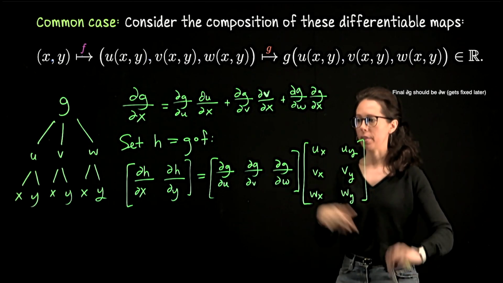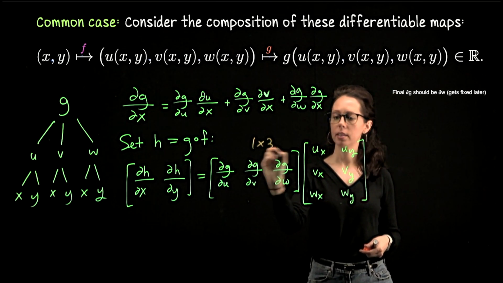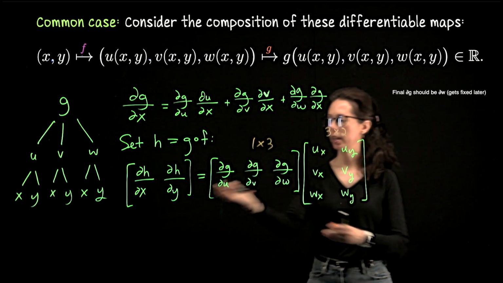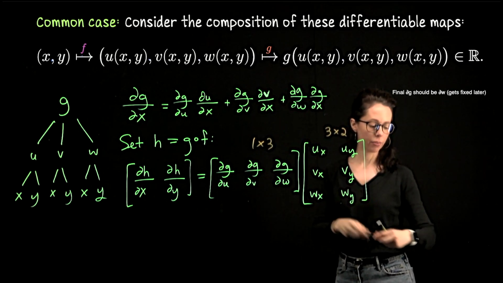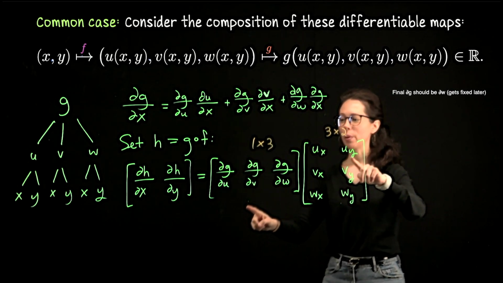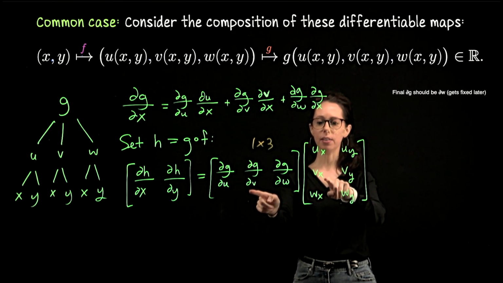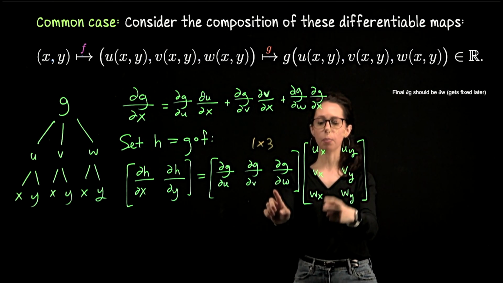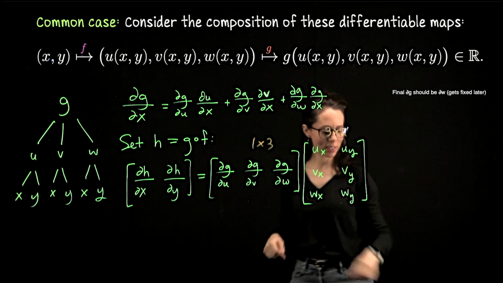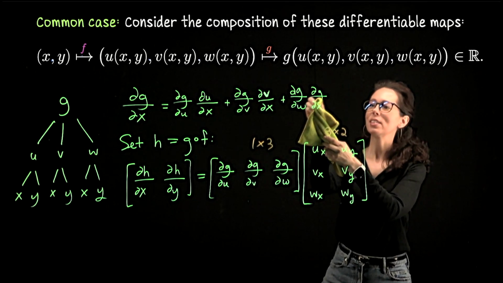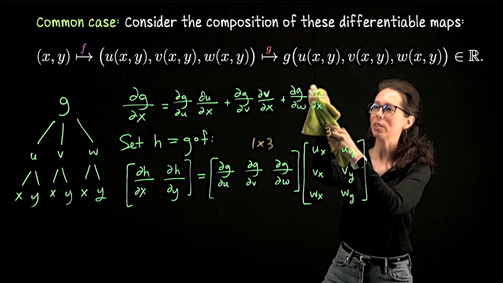Okay, so this is 1 by 3. This is 3 by 2, returning us our 1 by 2 matrix. And if we were to actually compute this now with our fingers, we would get dg/du du/dx, that's here, plus dg/dv dv/dx, plus dg/dw dw/dx. Oh, I did have a typo. I told you, I almost always write at least one of these wrong.